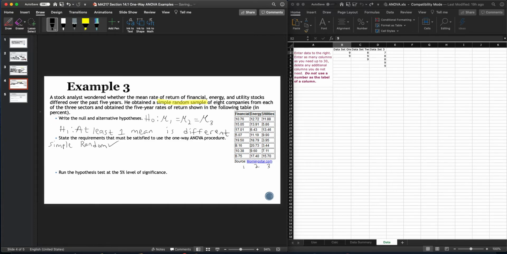We are not told anything about anything being normally distributed, but we could assume that these populations are normally distributed. So the population is normal, we're going to assume that. And the standard deviations being equal.